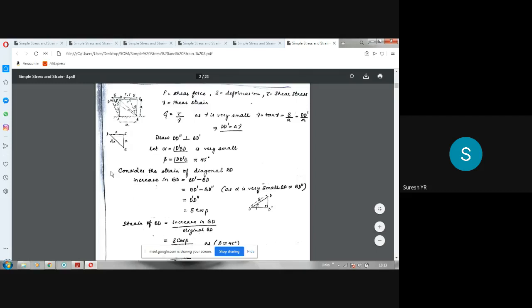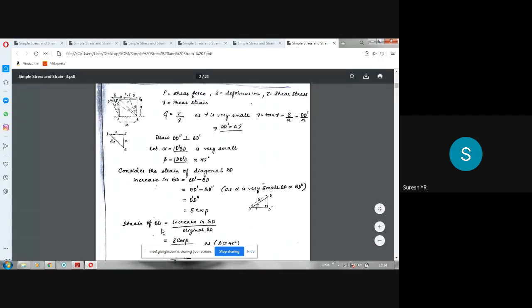From the figure, D dash D double dash will be delta cos beta. Take this small triangle, where beta is this angle; cos beta is D dash D double dash over delta. You can enlarge this triangle and see that. So the increase in BD will be delta cos beta.